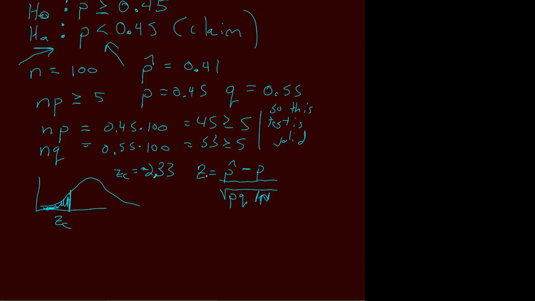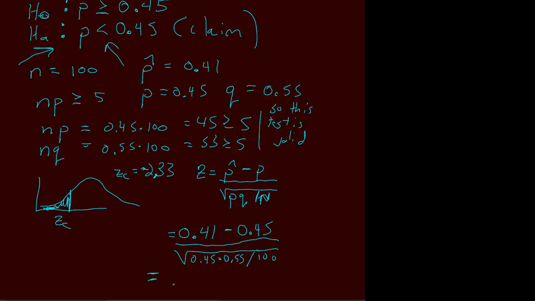All right, so we got a measure of 0.41. The claim was 0.45. And so we want the square root of 0.45 times 0.55 divided by 100.